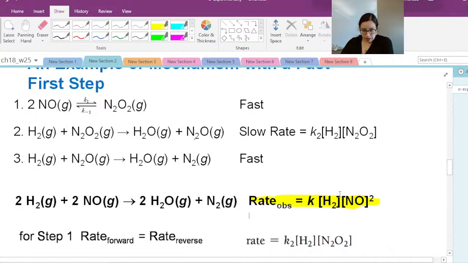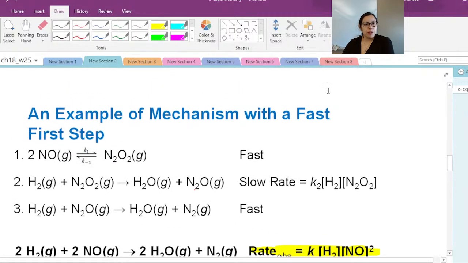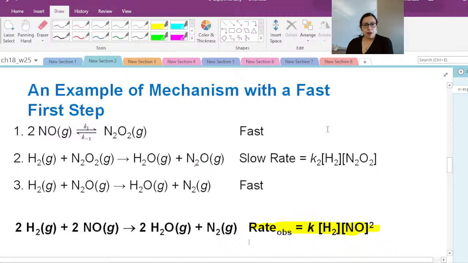And so before I scroll down, this would be how your problem potentially starts. It might tell you we have our fast step, this is our slow rate, and then fast again.